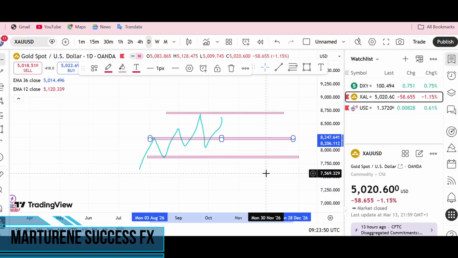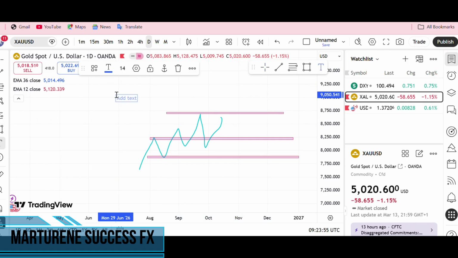Now, when we talk about trading the bounce in the market, assuming this is our market structure, the market is going up, it's in an uptrend, and this is the resistance up here.